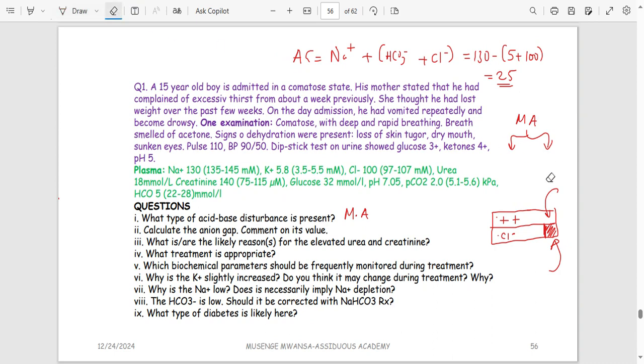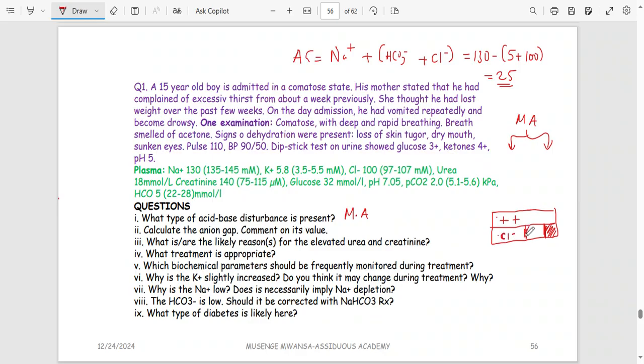Okay, the excess anions that we don't know. So in acidosis, it's either we are gaining positive things or we are losing base, right? So what happens if I lose base? Let's say, for example, I lose bicarbonate. If I lose bicarbonate, what happens is that chloride is another negative thing and bicarbonate was negative.